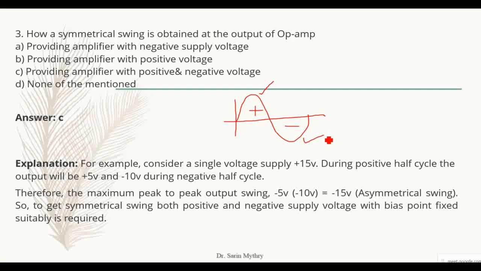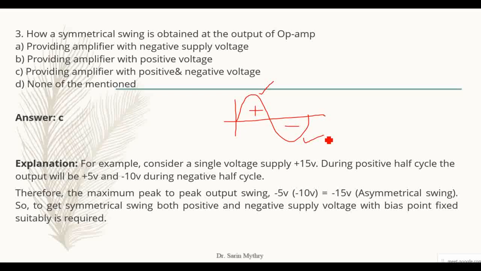Means if I have supplied 12 volts as the power supply, your output can go only up to hardly 10.5 or 10.8 volts. Beyond that, your output is going to become saturated. Even though you increase your input voltage, your output will be saturated.